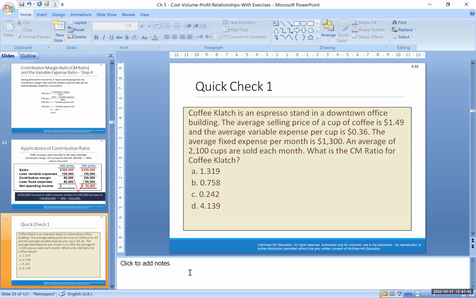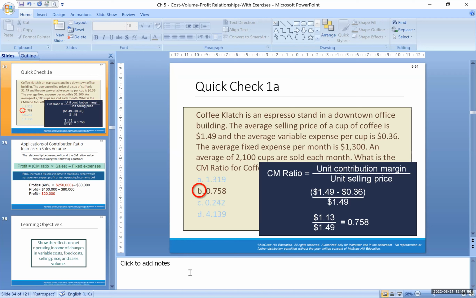So the question is, what is the CM ratio? What is the contribution margin ratio for the company? This is simply calculated from what? The CM ratio can be calculated from contribution margin divided by sales. For the given information, we can calculate the contribution margin per unit and the price per unit.